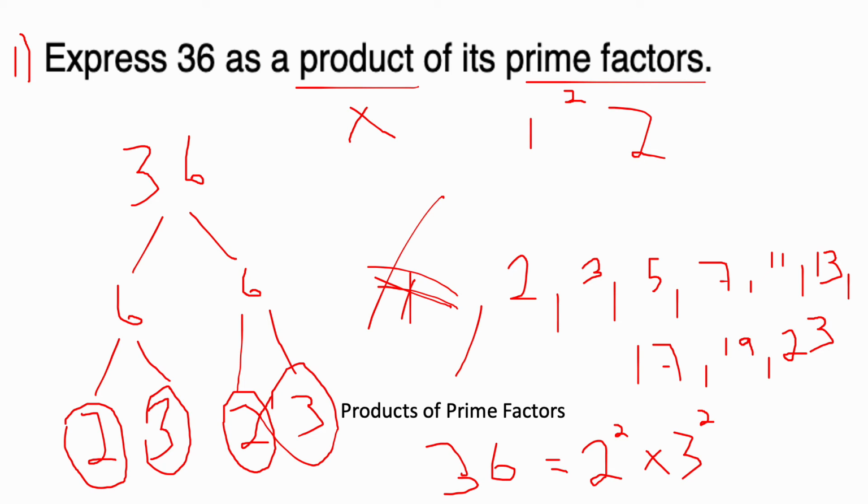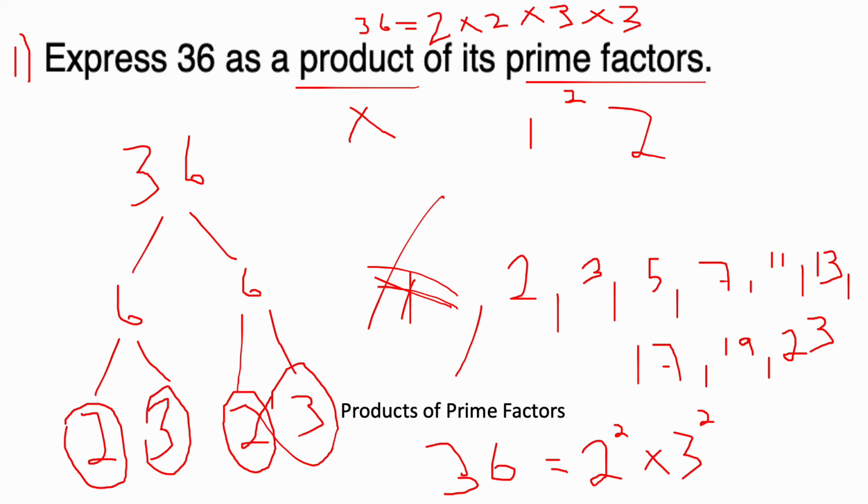So 36 is 2 times 2 times 3 times 3. They are prime numbers multiplied together to give me 36.